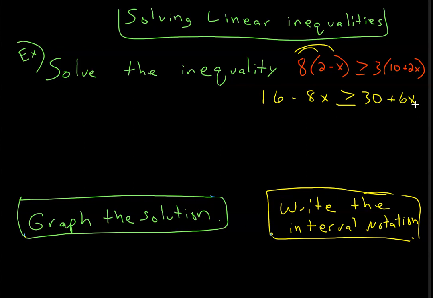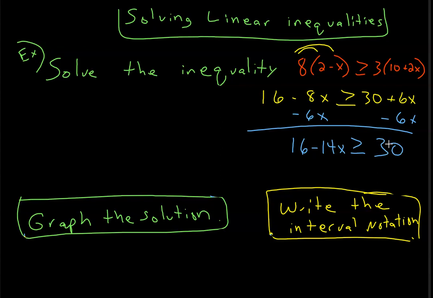Now, in order to get the x alone, I'll move them all to the left side. So I'll subtract 6x from both sides first, leaving me with 16 minus 14x is greater than or equal to 30.